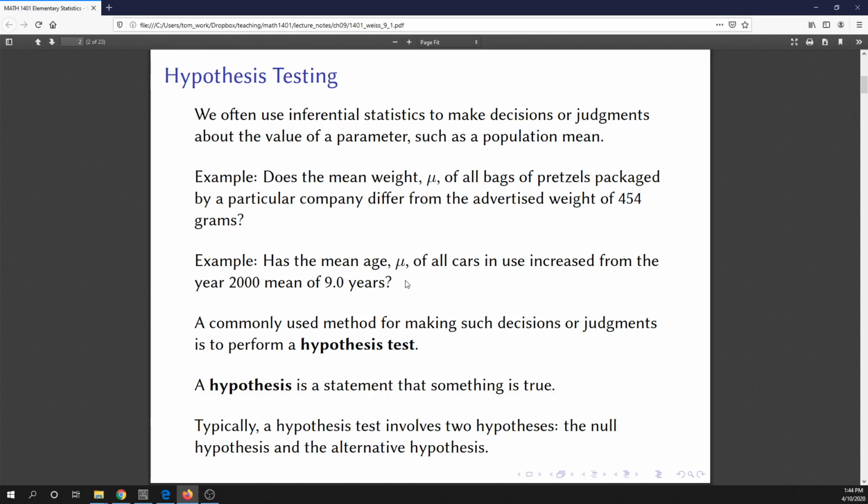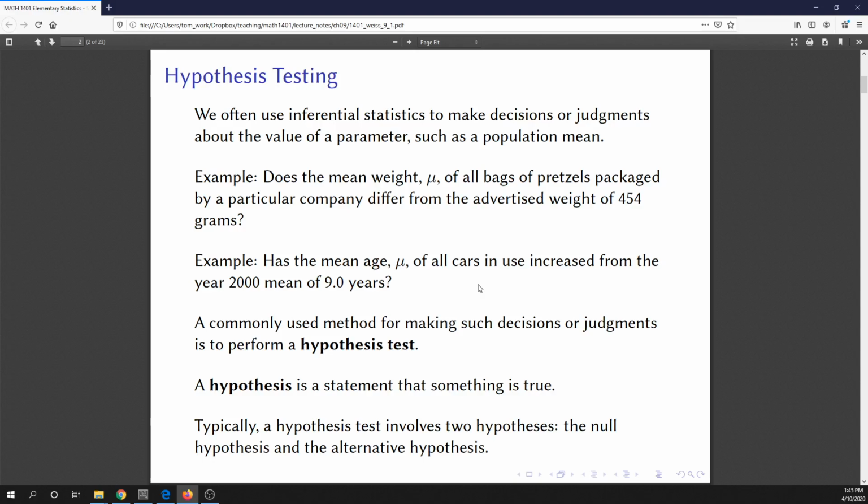In other words, people are using on average cars that are older than 9 years. So the average would increase because people are driving cars longer. Maybe the cars are more reliable, so you can drive them for longer. Maybe people for whatever reason are not buying new cars like they did in 2000.